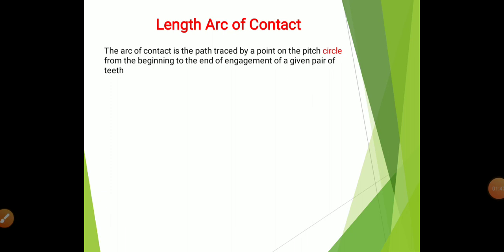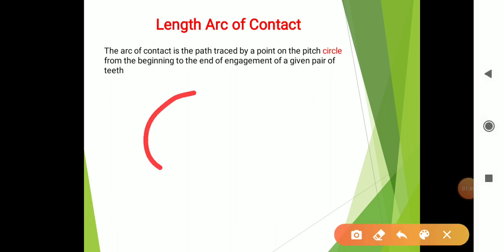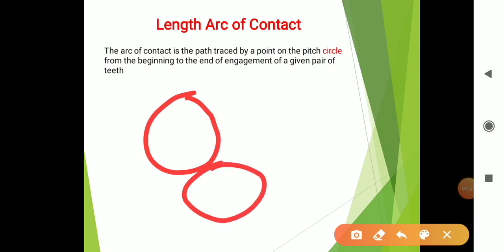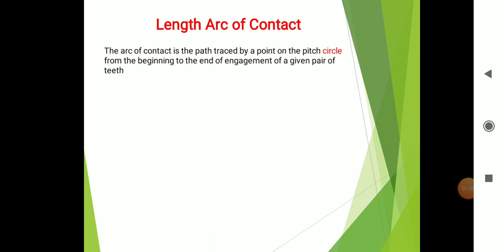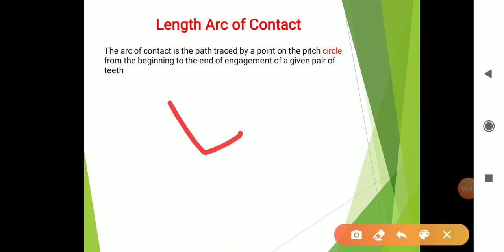Suppose this is one gear and this is a second gear. Both are meshing with each other. Suppose I draw the gear teeth here. Another gear will be meshing with this gear.